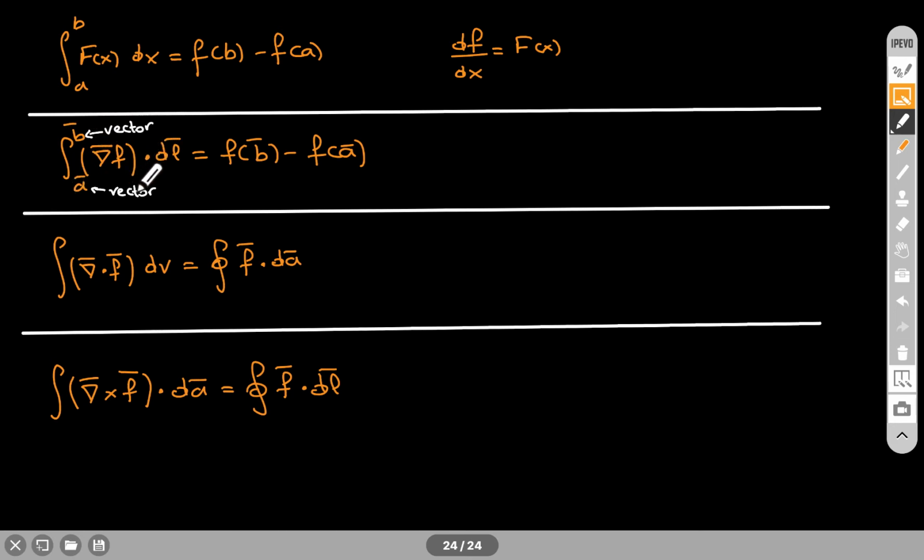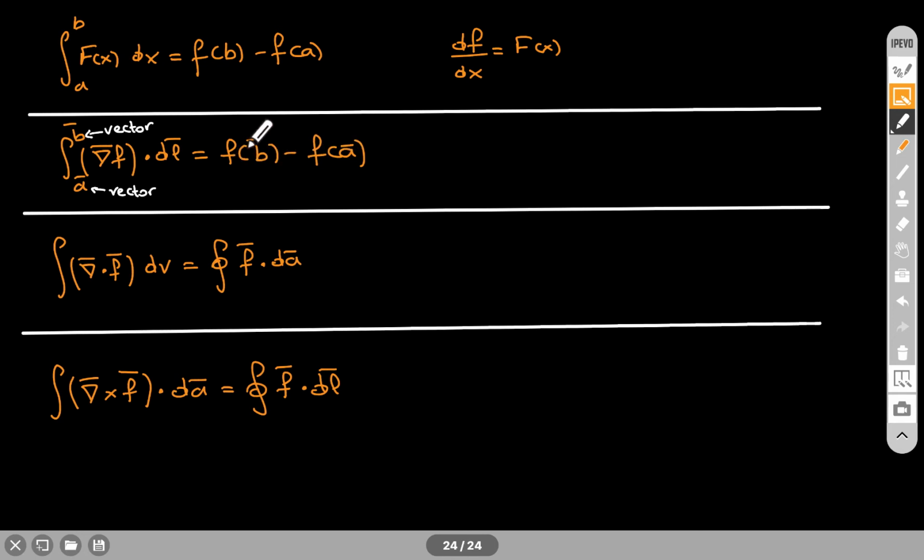So this integral is of the dot product of the gradient of the function f dot dl, and this means that you're going from one position to another position, following a path. This is a path integral. This is equal to the value of the function f at position b minus the value of the function f at position a.